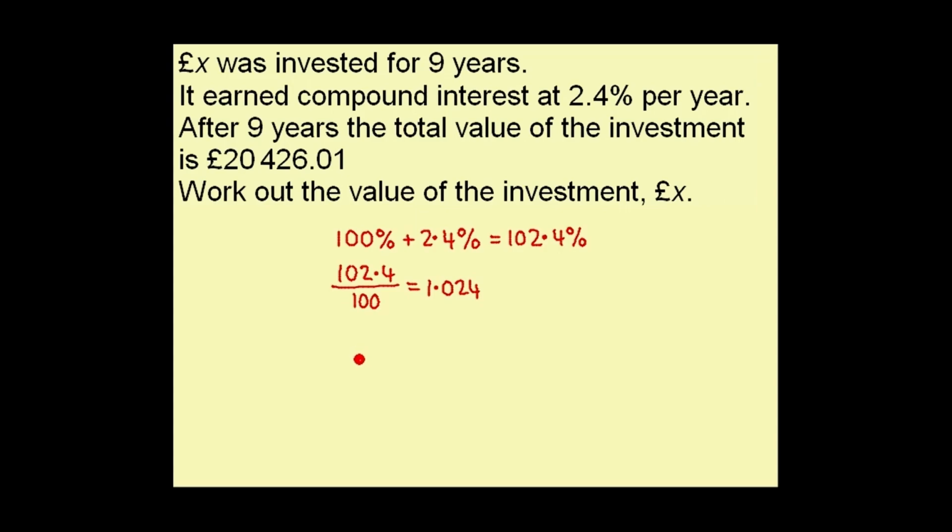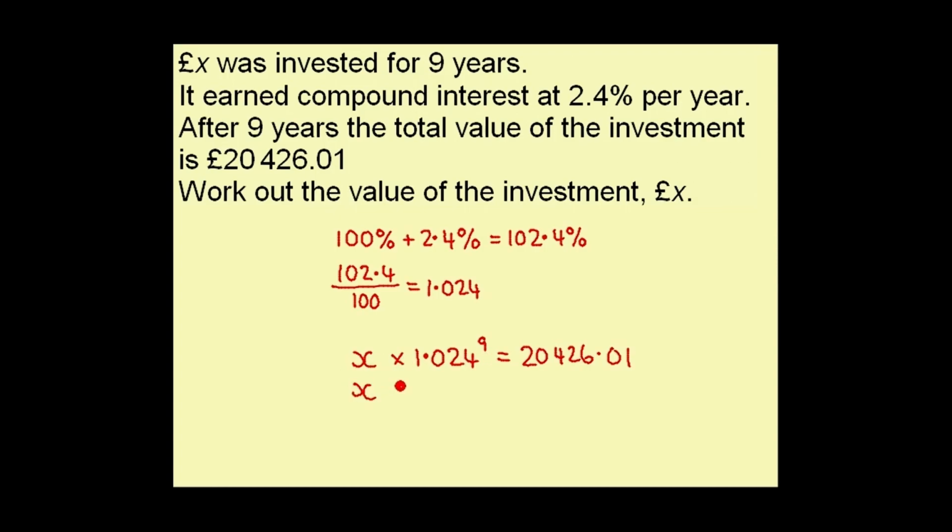Now we usually have our money, but this time our money is X, multiplied by this multiplier, 1.024, to the power of the number of years, which is 9. And that will equal this here, so that's 20,426.01. Now to work out X, I can divide both sides by this.